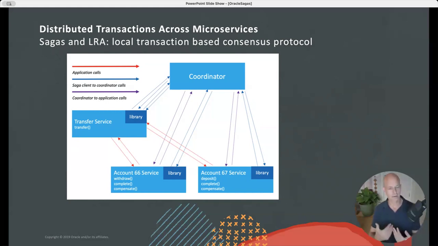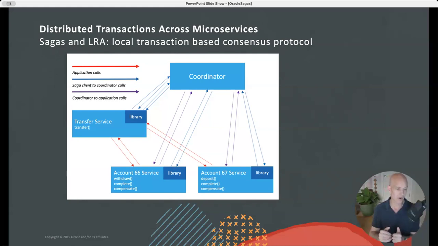So unlike distributed locking such as XA, the coordinator won't just call the underlying resource managers to do a commit or rollback. It will call the participant service, and then the service needs to do that complete or compensate logic itself. Okay. And this is to avoid, again, those in-doubt locks and to use local transactions.